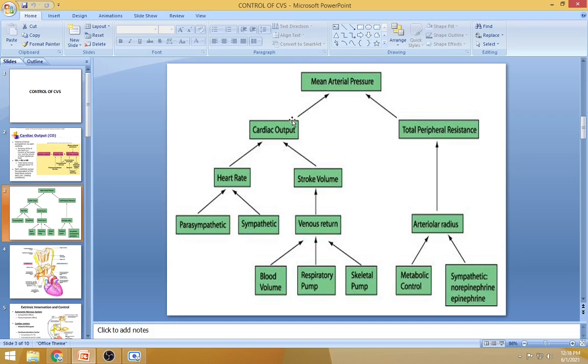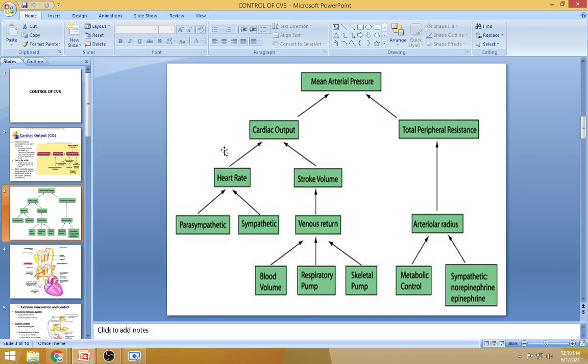So regulation of the cardiovascular system means control of all these parameters: the heart rate, the stroke volume, the mean arterial pressure, because all these determine the flow. And the flow is the end point that determines the availability of fresh oxygen, nutrients, and many other things.